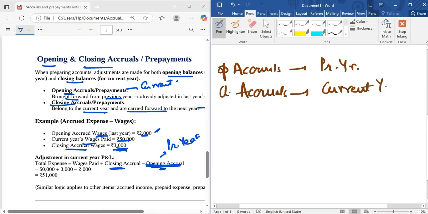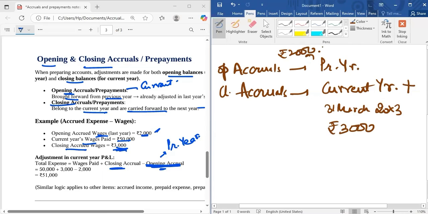In the current year, my workers have performed, they gave me the services, and at 31 March 20x3, I have to pay them rupees 3,000, but I have not yet paid them because this relates to the current year, so I will add it. But the amount of rupees 2,000 I have brought forward from the previous year, which means that they performed their work in the previous year, so it should not have an effect on my current year. So that's why I will deduct opening accruals.